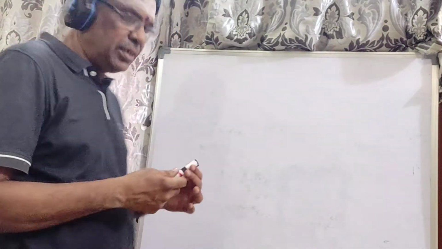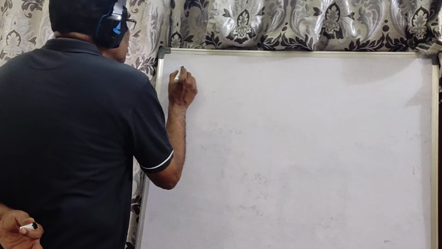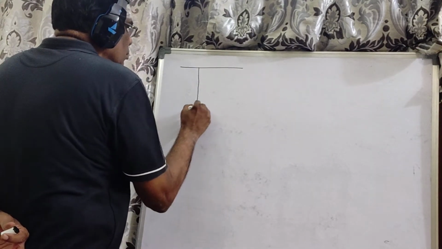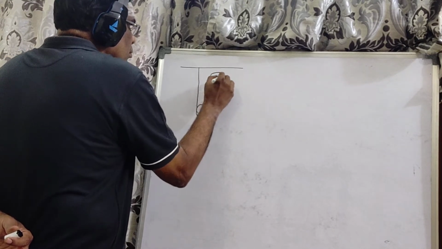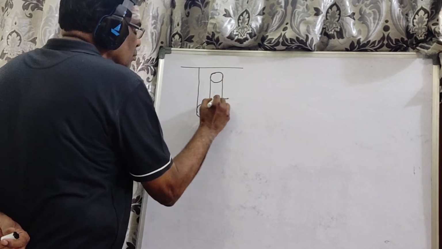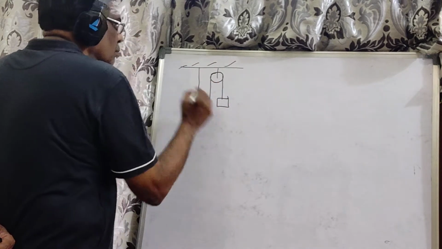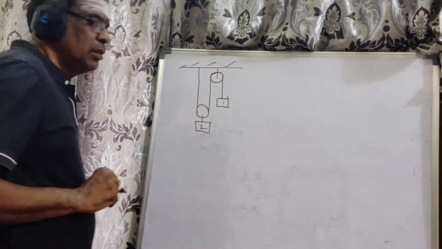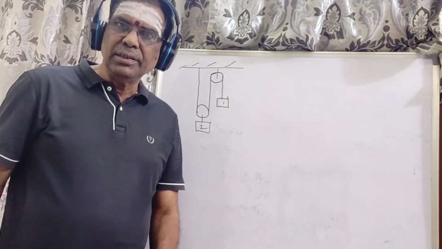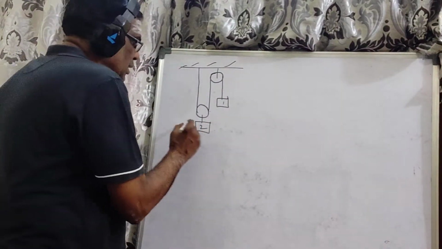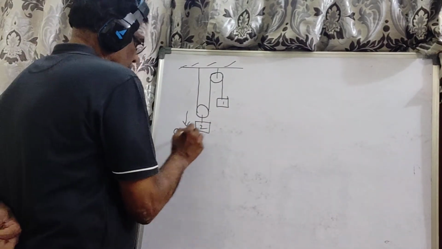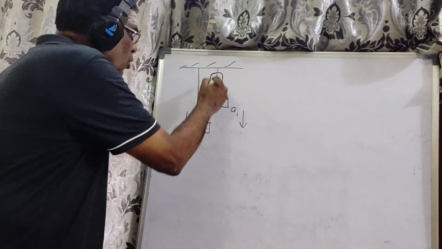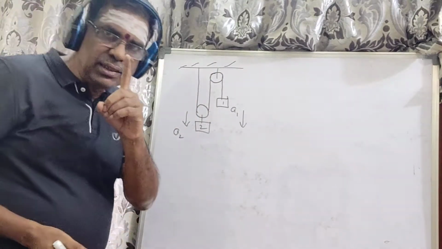Now, continuing the constraint tirade, another case I have given here. Now you have, what is the constraint relation? Now, as I said, if you take both down, single rope, you could see only one constraint relation you get.